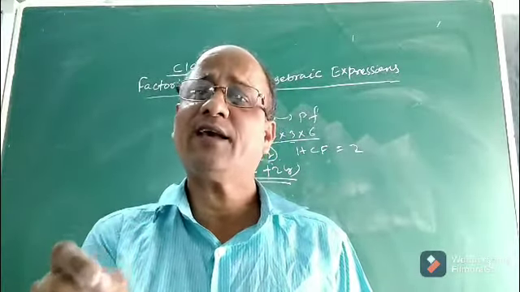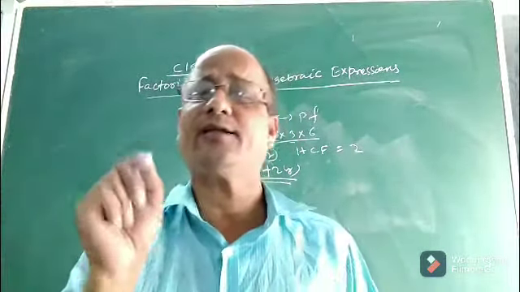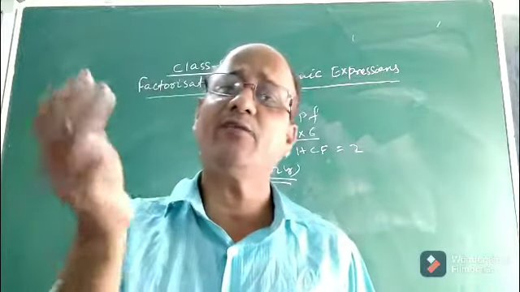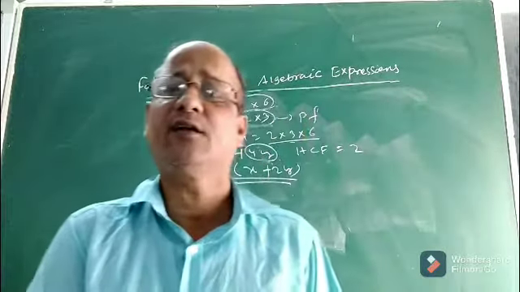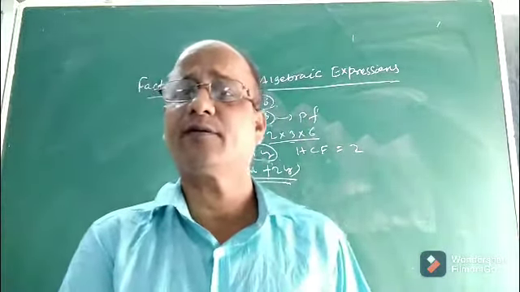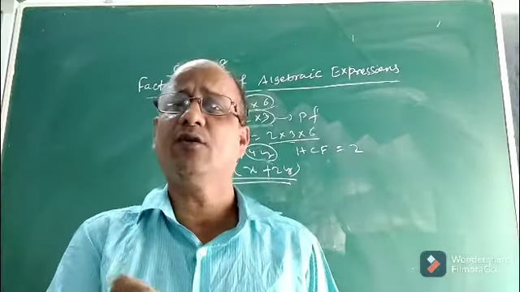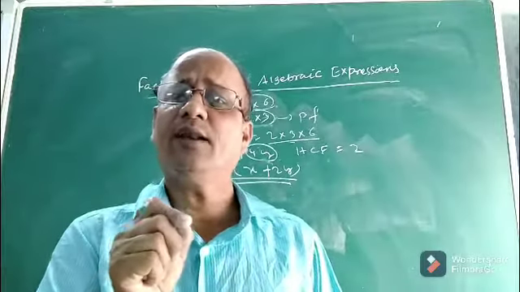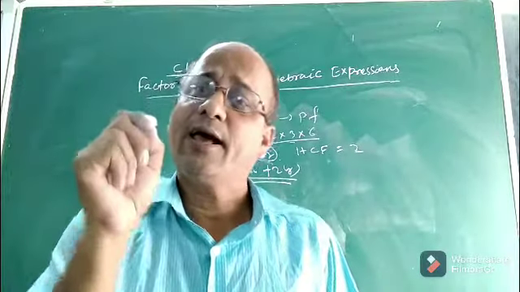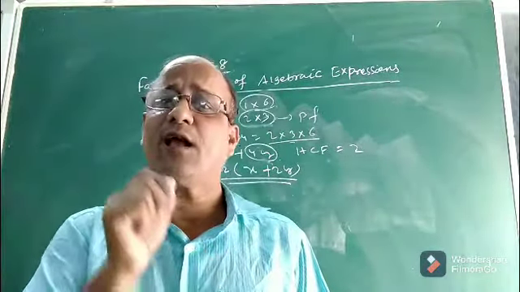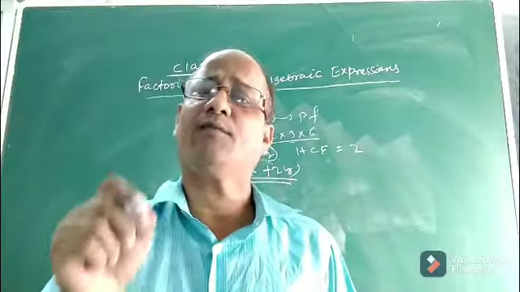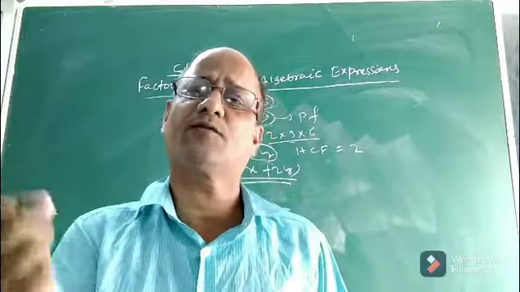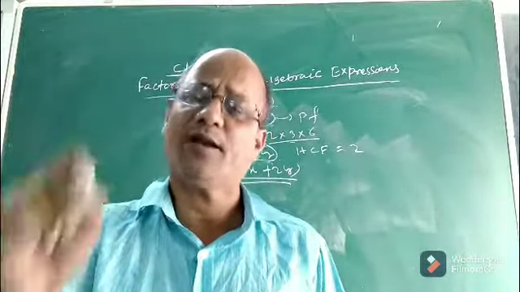So by rearranging and taking common also, we can factorize an algebraic expression. These are the 3 ways which we had read in class 7 in order to factorize an algebraic expression. And as I just told you, to factorize an algebraic expression means we will express the algebraic expression as a product of 2 or more than 2 terms. Those terms may be monomial, binomial, etc.